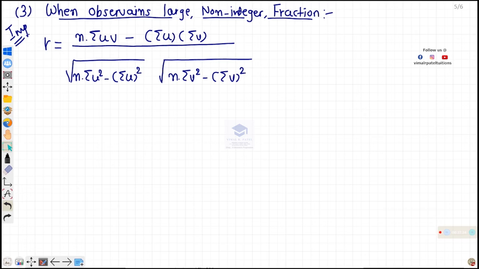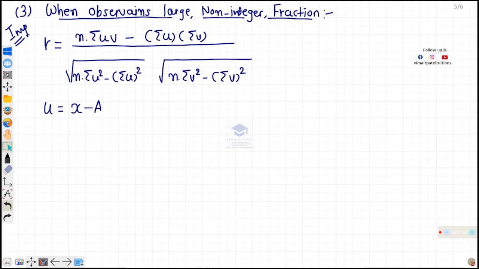Here u means you are subtracting an assumed value from each and every value of x. For example, your x bar is 25.78. So instead of subtracting 25.78, you will subtract 25. You are subtracting the nearest figure.